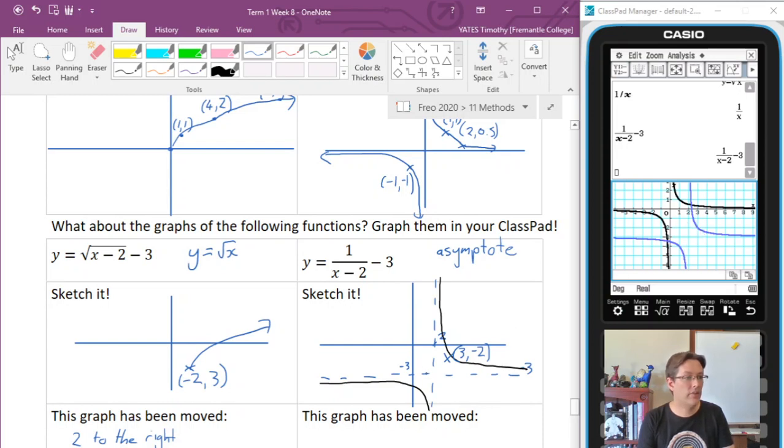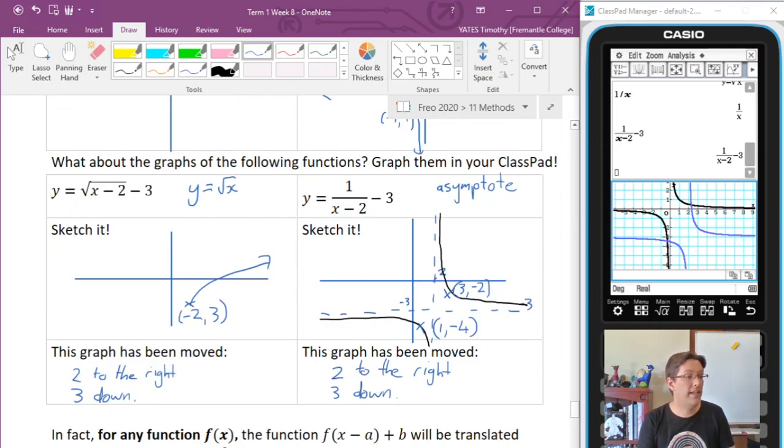And it's going to go through 1, -4 as well, which is that point there. And we can see that on our one up here, it goes through 1, -4 there as well. And again, it has been moved 2 to the right, and it's been moved 3 down.